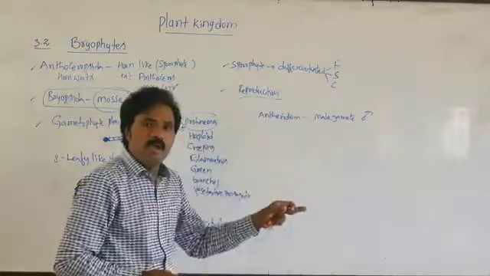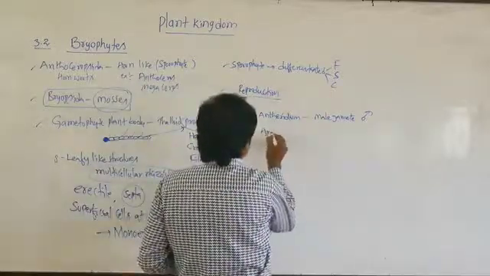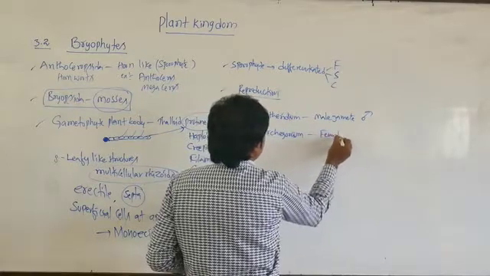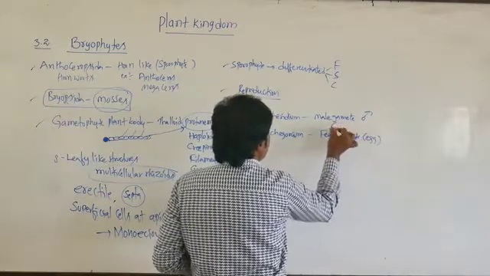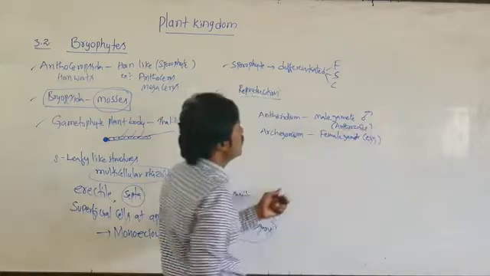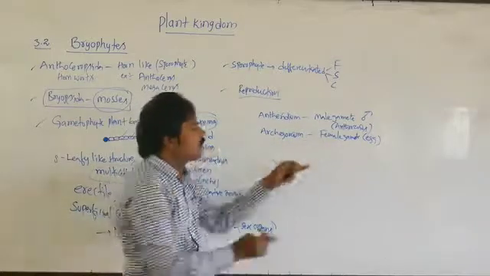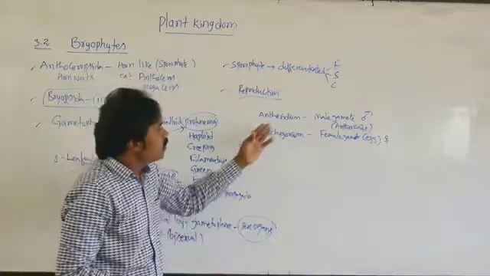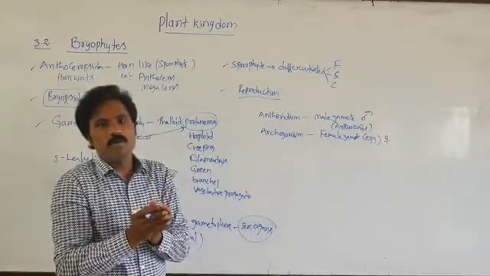This male gamete enters the female gamete. The archegonium contains the female gamete, which we normally call the egg cell. The male gametes we call antherozoids. The egg cells are present here in this specific manner, towards the capsule.